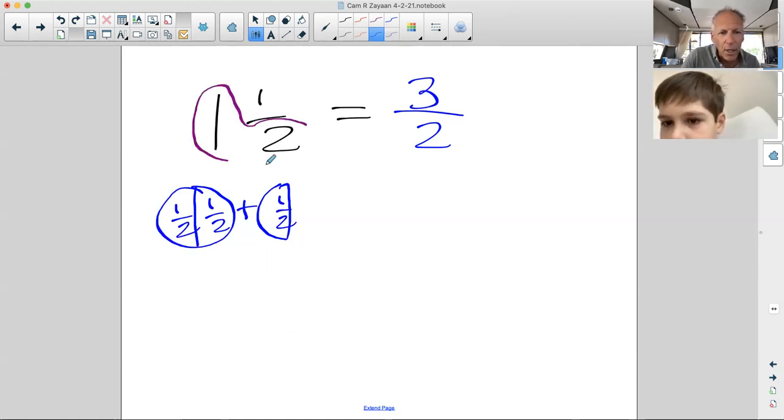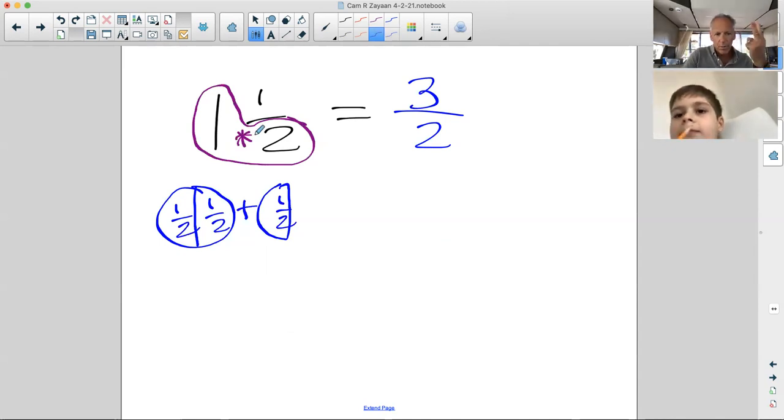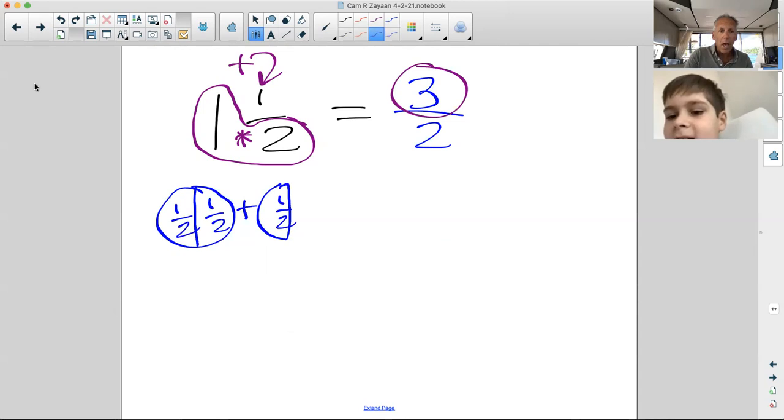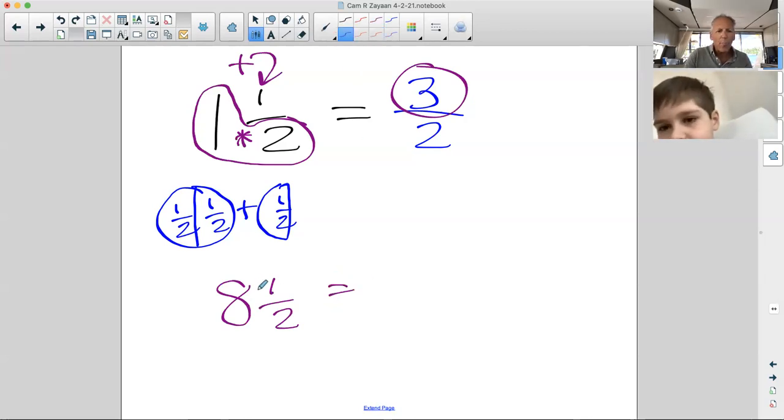Now, Cam, look at this. Can you do 2 times 1? 2 times 1 is 2. Add the 1 now. And what do you get? 3. Of course. So if you are looking at 8 1/2, do the same thing, Cam.